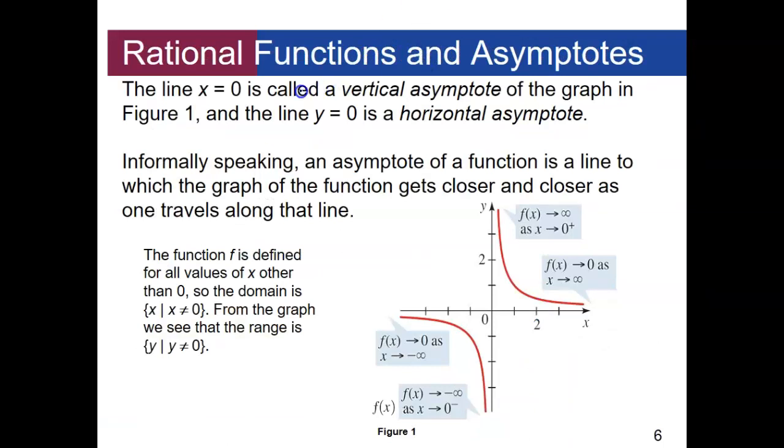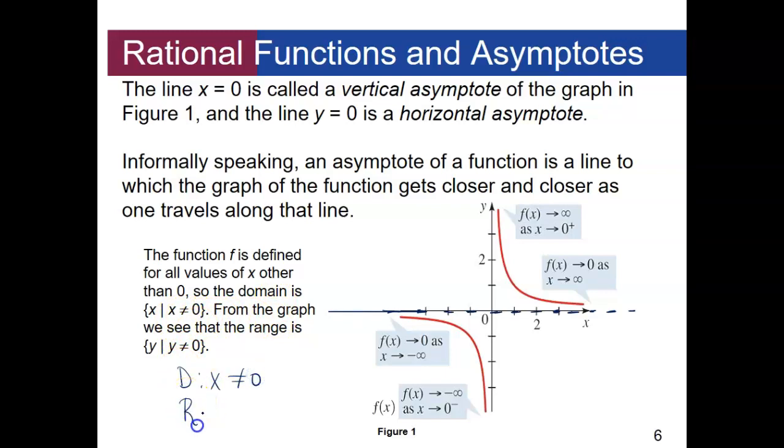Okay, so we said that x equals 0 would be our vertical asymptote, and we also have a horizontal asymptote across here, and it would be graphed with a dotted line as well. It is possible for your function to cross a horizontal asymptote. Your function should never cross a vertical asymptote, though. So our domain on this one would be x is not 0.